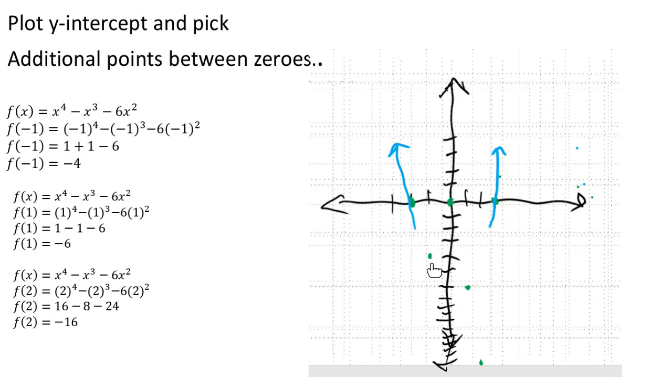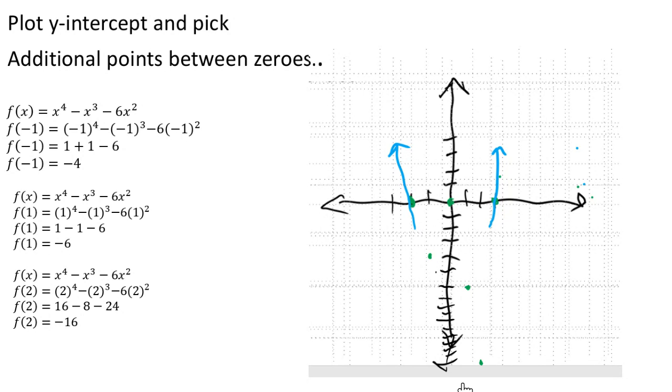And so maybe you're asking yourself, at -1, do I keep going down, or can I start turning? If you want to be super accurate, you can plot a 0.5, and if 0.5 is higher, then you know that the graph turns here as well. So 0.5 can tell you if you need to go lower or if you need to go up.